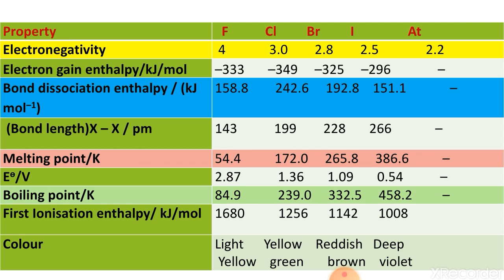One question may arise: why does fluorine have less bond dissociation enthalpy? This is due to the presence of lone pairs of electrons on fluorine. There is more interelectronic repulsion between fluorine atoms due to small size. Hence, the bond dissociation enthalpy of fluorine is less than chlorine and bromine.